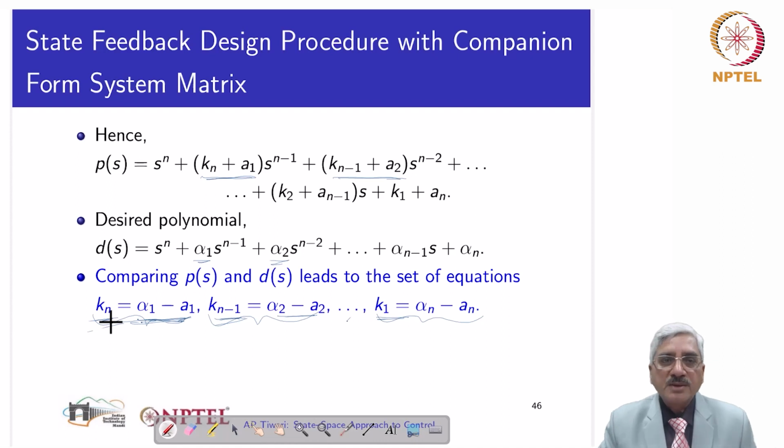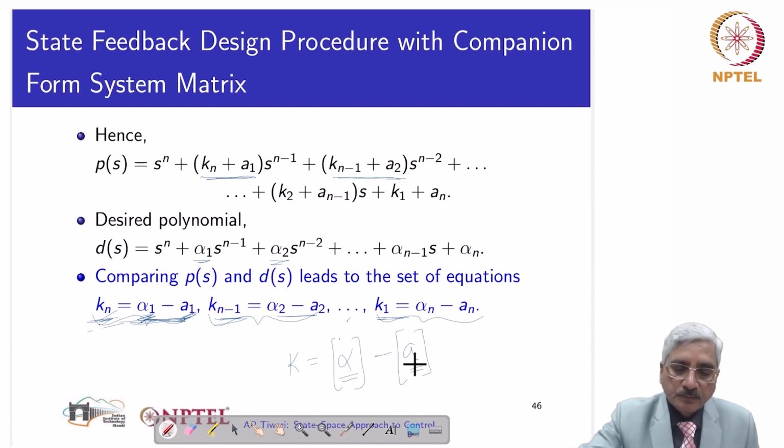So the companion form description of the system leads to design equations which are much simpler to handle, and in fact the control gains are the difference of the coefficients of the desired characteristic polynomial and the actual characteristic polynomial of the open loop system, and thus we get the control gains. So simple. K equal to alpha minus A. Alpha is the coefficients of the desired characteristic equation, A is the coefficients of the characteristic polynomial of the open loop system matrix.